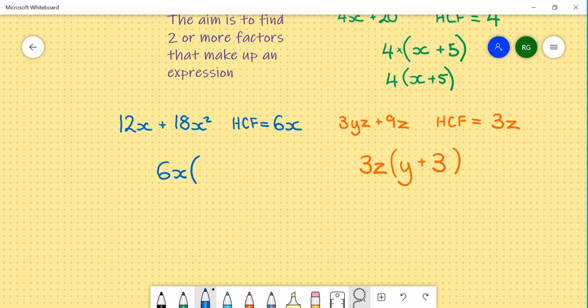Now 6x multiplied by 2 will give us that 12x from the beginning, plus 3, and don't forget to add that additional x in there, because 6x multiplied by 3x is how we get the 18x squared. A common misconception or mistake is to forget about that additional x.